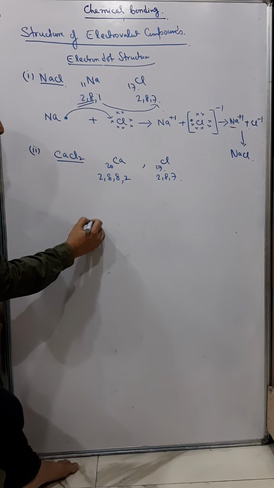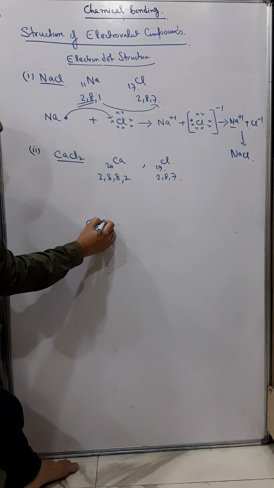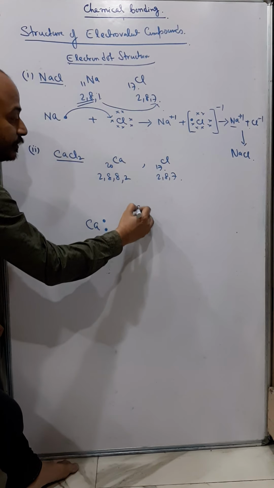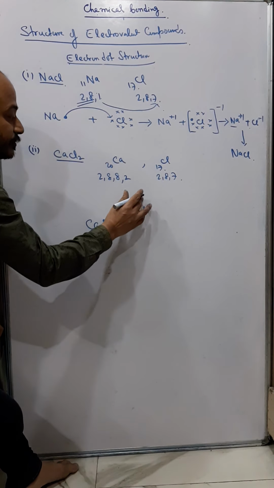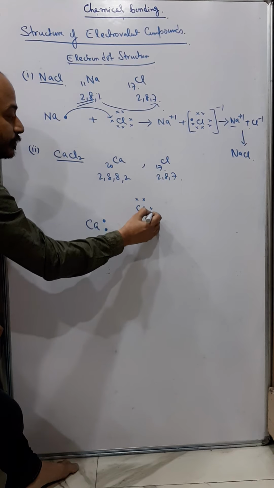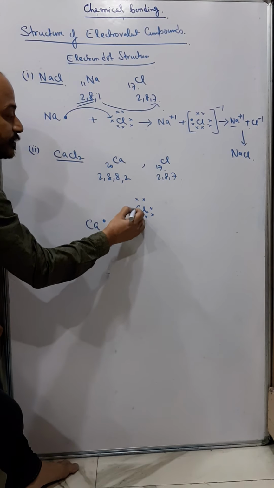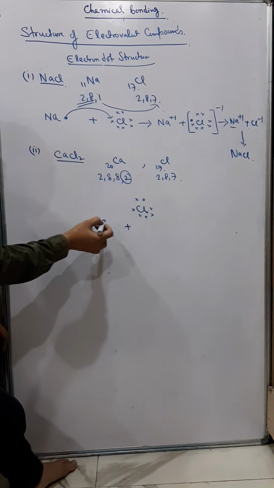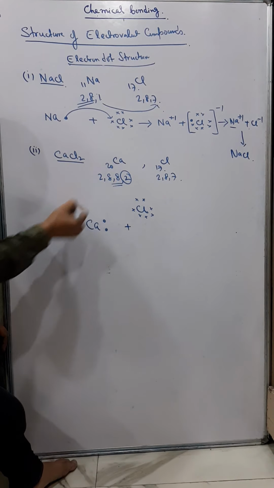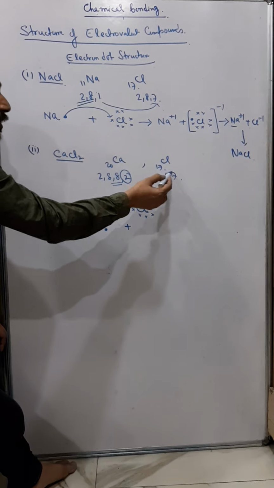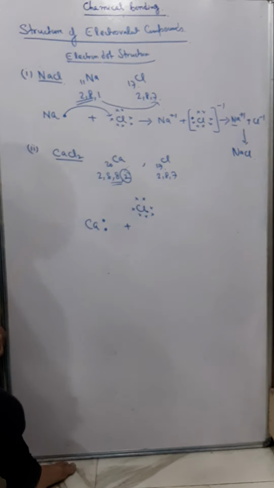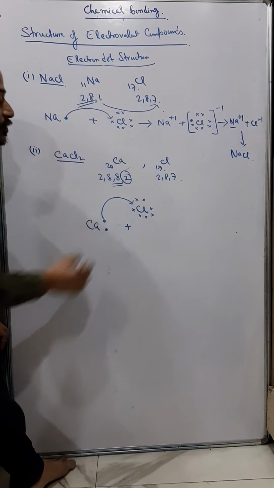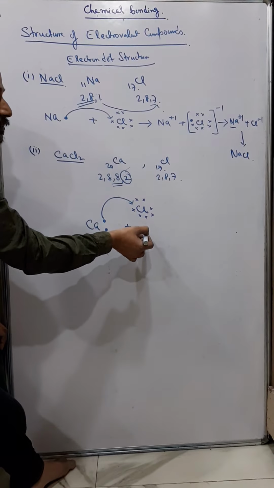So calcium has 2 electrons and chlorine has 7 electrons. Now calcium will lose 2 electrons to become stable, but this chlorine can take only 1 electron to become stable. So if this chlorine takes 1 electron, it becomes stable.